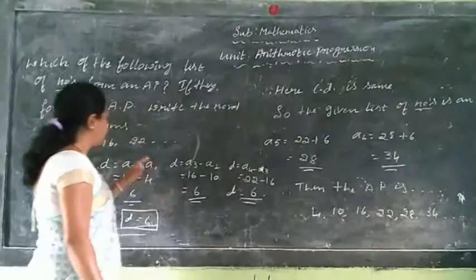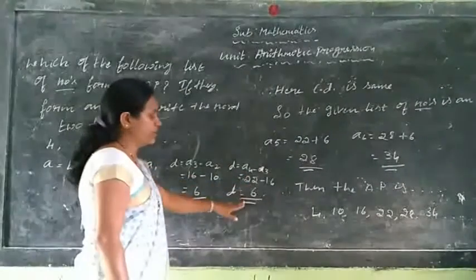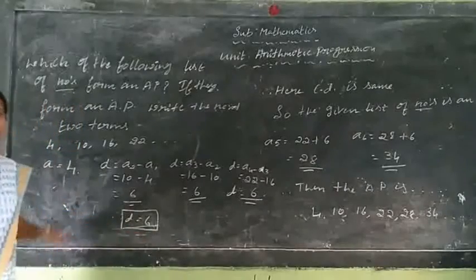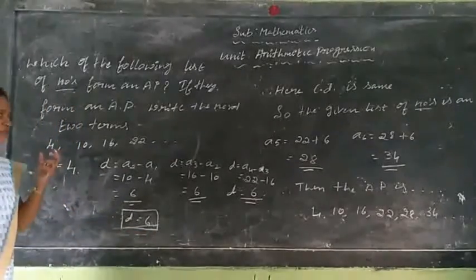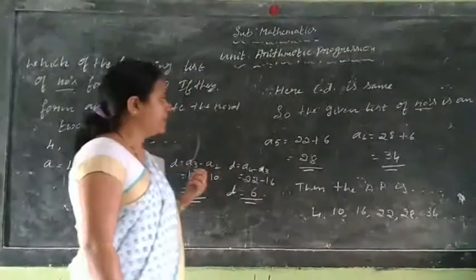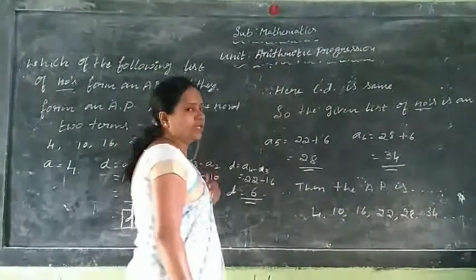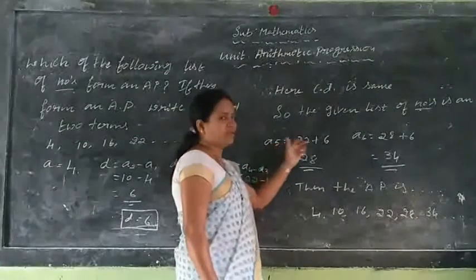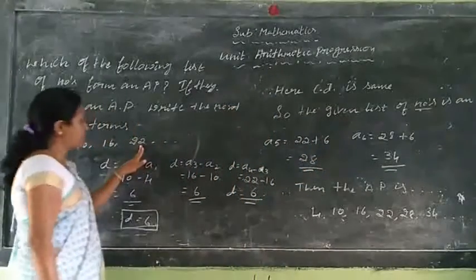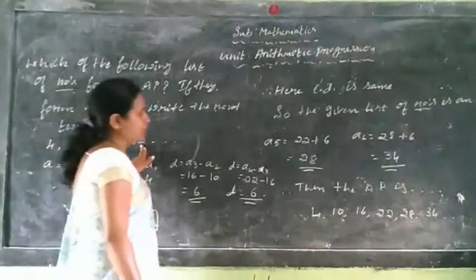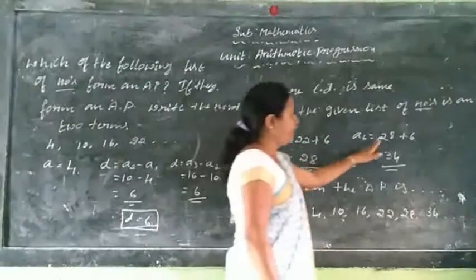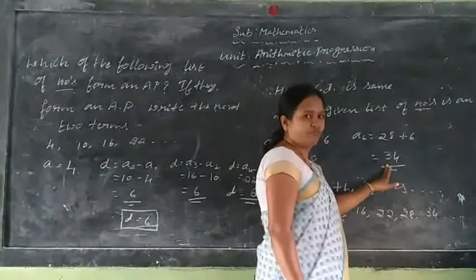Next, A4 minus A3, 22 minus 16 we get 6. So, we got the common difference as same, isn't it? So, now we come to know that the given list of numbers is an AP. Okay. Now we have to find out the next two terms, children, means 5th term and the 6th term. The fourth term is, children, 22. To this you add the common difference, that is 22 plus 6 is 28. In the same way 28 plus 6 is 34.